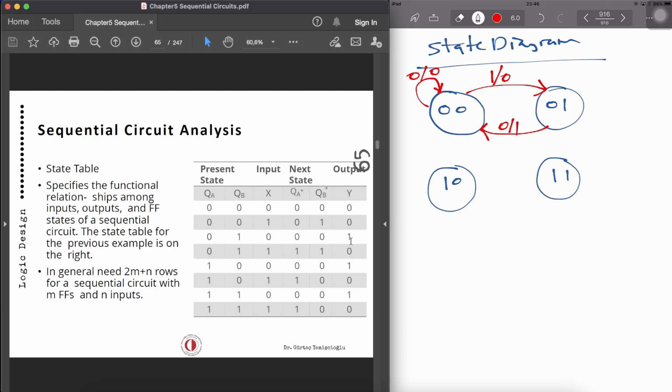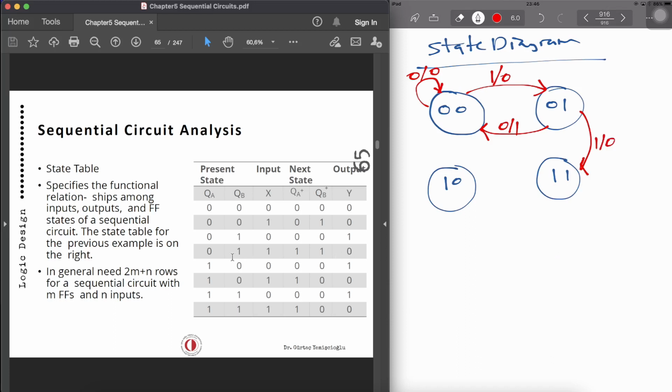So I wrote output next to it. When I'm in 0 1, if the input is 1, I jump to 1 1, and the output is 0.